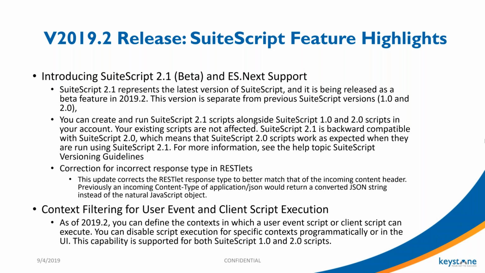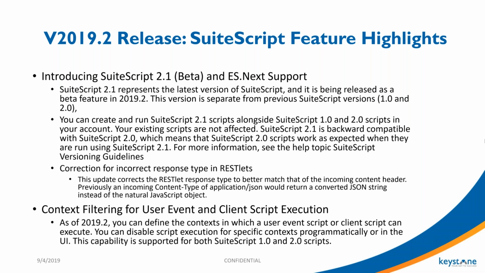So if an incoming response was a JSON object, NetSuite would decide that you definitely don't want a JSON object, you want a string instead, so here's a string for you. And so you had to account for that in your code, and that's a potential change there. If you're referencing 2.x in a restlet and you're expecting a string back when it should have been an object, in 2.1 it will be an object. So hopefully that was understandable there.